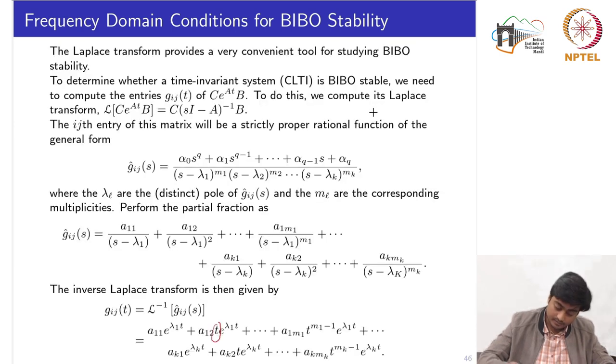And if we look at this part, the impulse response is basically expressed in terms of the exponentials. Now all these lambdas define the eigenvalues. If these lambdas are on the left hand side, all these exponentials would die out to 0 exponentially.